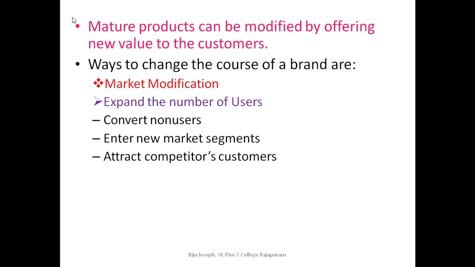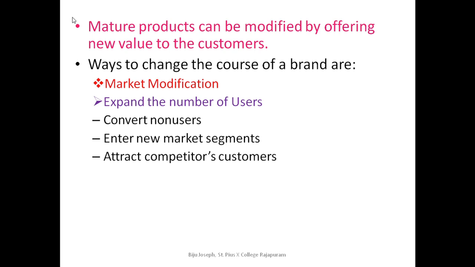And how can the number of users be expanded? It is by converting non-users to users. Those who do not use your product presently may be made users of your product.